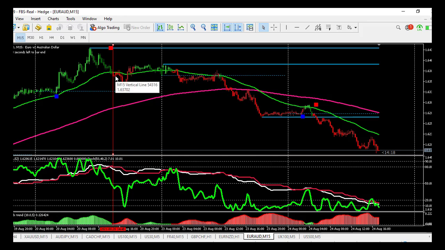Once it closes below the 50 MA, you can place your trade, and the stop loss will be the previous high before you take that sell trade. So this is how to use this simple strategy, a different combination of indicators with different values to give us this accurate trading experience.